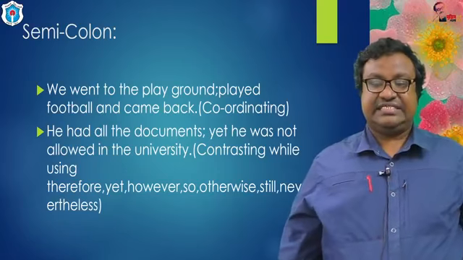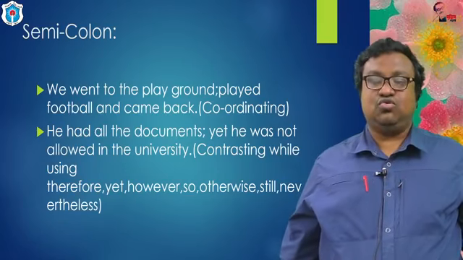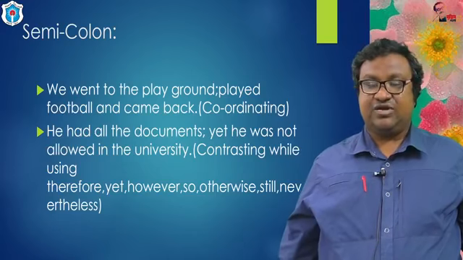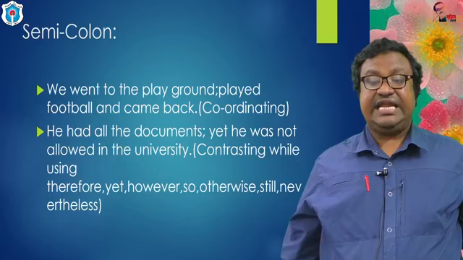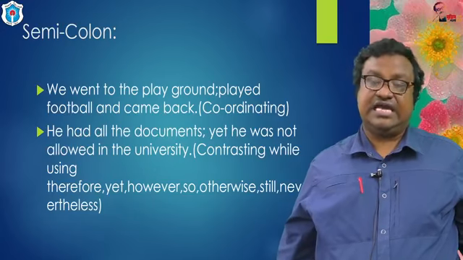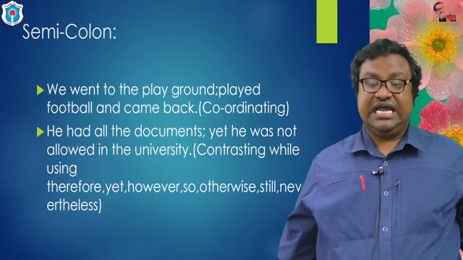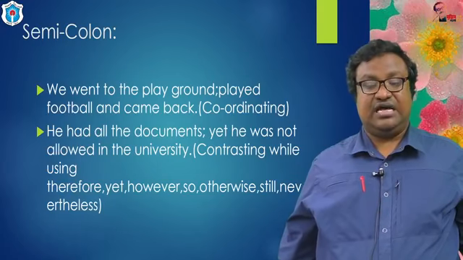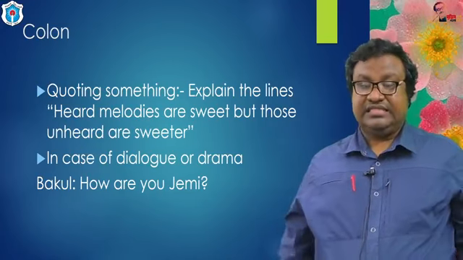In the second example, we can see that we are contrasting two clauses. Like he had all the documents, then we put the semicolon, yet he was not allowed in the university. So we are using words like therefore, yet, however, so, otherwise, still, nevertheless. Then colon.